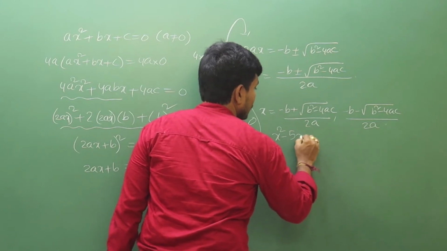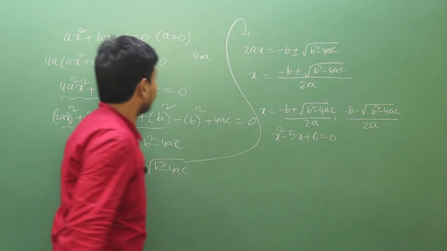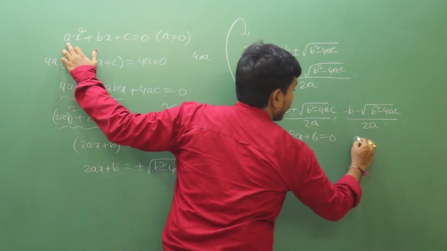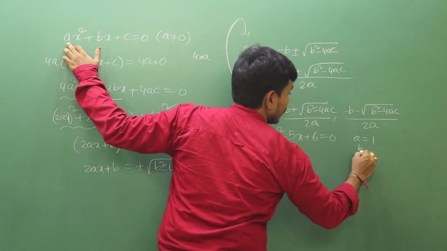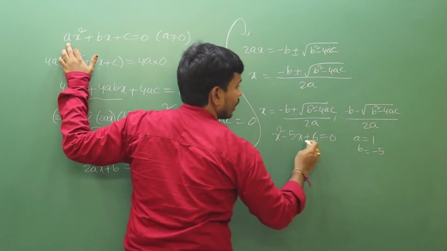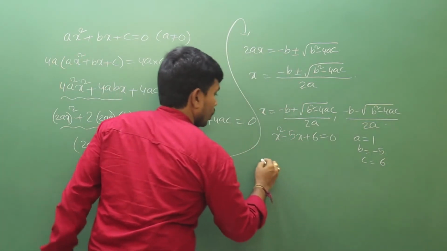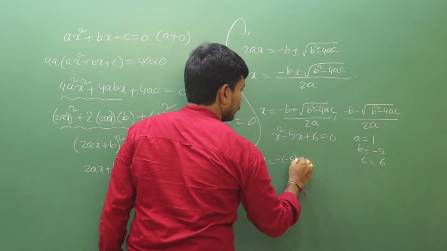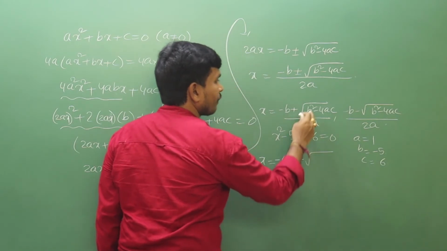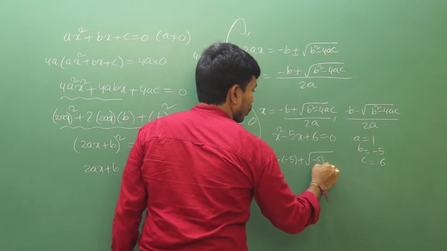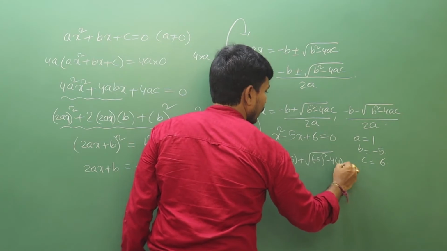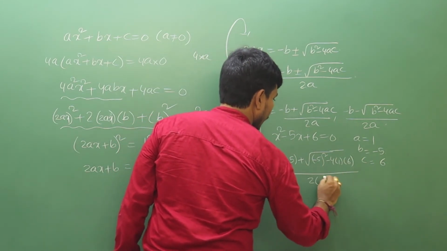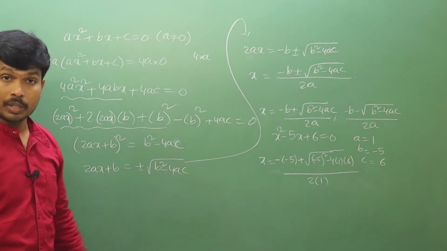x square minus 5x plus 6 equal to 0. What is the x square coefficient? a value is 1. What is the x coefficient? b, that is minus 5. What is the constant? c, 6. So x equal to minus b, minus of minus 5, plus or minus root over b square, that means minus 5 whole square, minus 4ac, by 2a. a is nothing but 1. Substitute those values and you will get it.